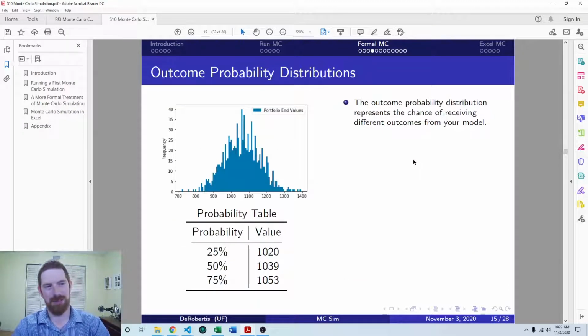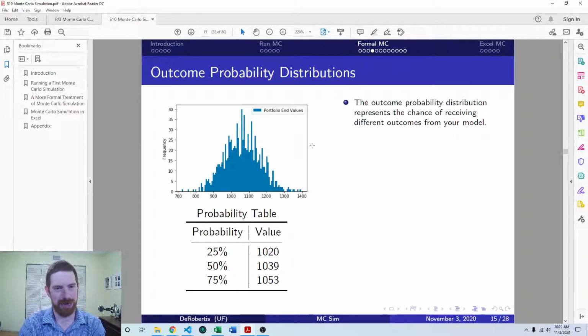Digging into the outcome probability distributions, you can see on the left here the kind of outputs that we had from our investment returns example. We have a histogram distribution of all the outputs, all the different portfolio values. And then we have this probability table as a quantitative way of showing that information.